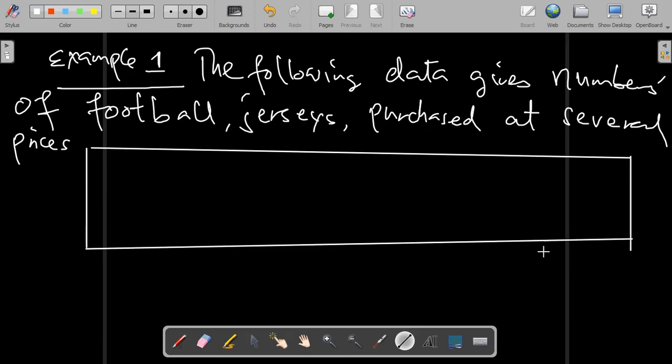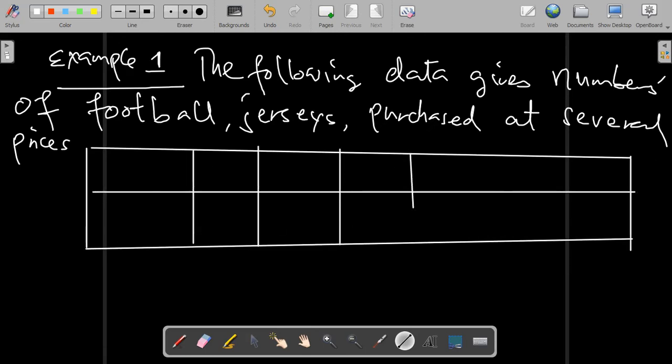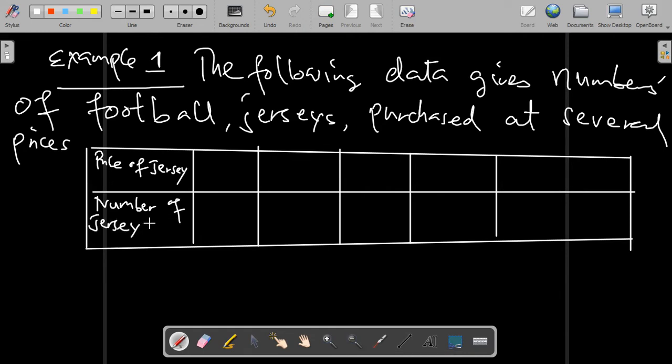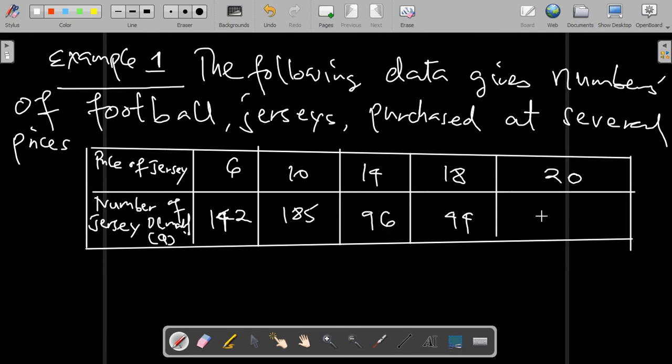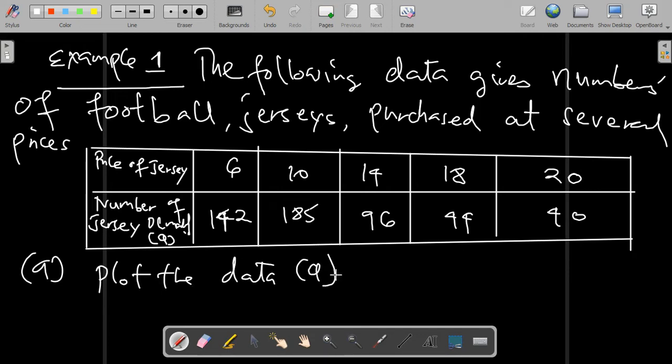In the upper side of the table we have the price of the jerseys, represented by P, and at the bottom we have the number of jerseys demanded. In the upper side we have 6, 10, 14, 18, and 20. As you can observe, we have 142, 85, 96, 44 and 40.